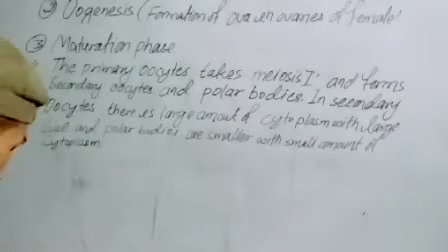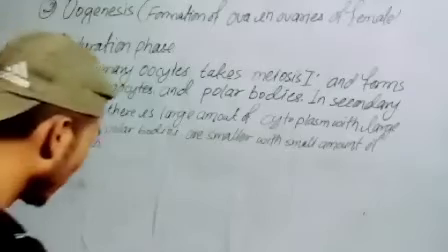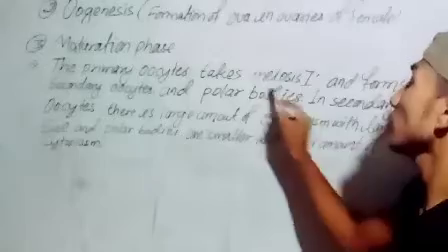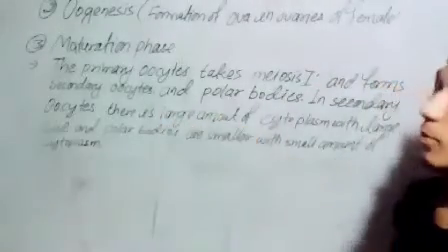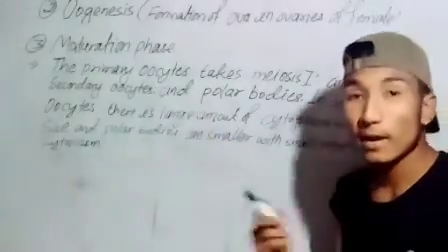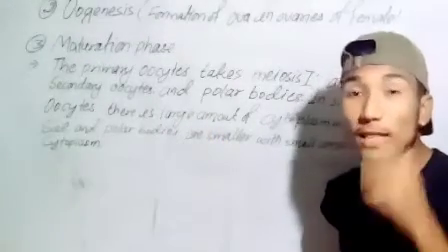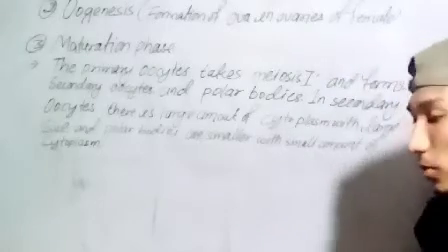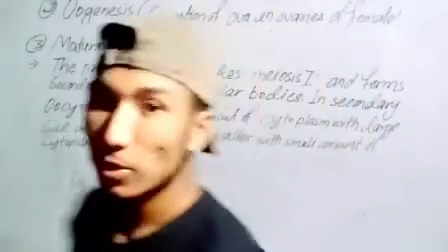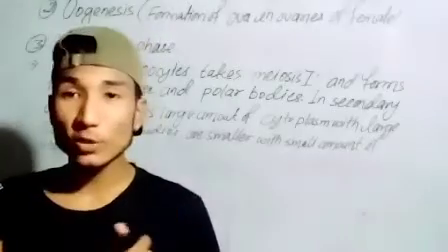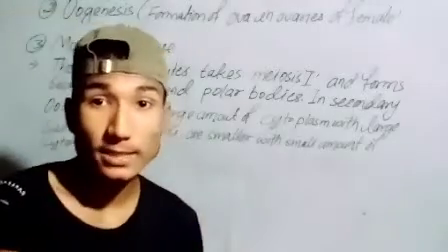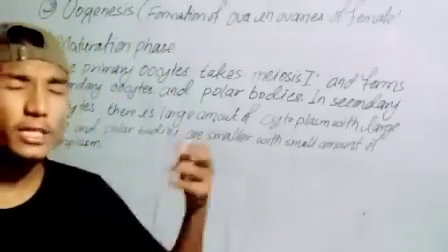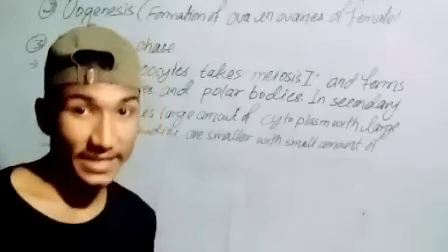Okay, so there is a confusable word. The primary oocyte takes the meiosis process and forms the secondary oocyte and the polar bodies. The secondary oocyte is larger in size with a large amount of cytoplasm. Cytoplasm gives nutrition to the secondary oocyte to grow its size, and polar bodies are smaller in size and have a small amount of cytoplasm in them.